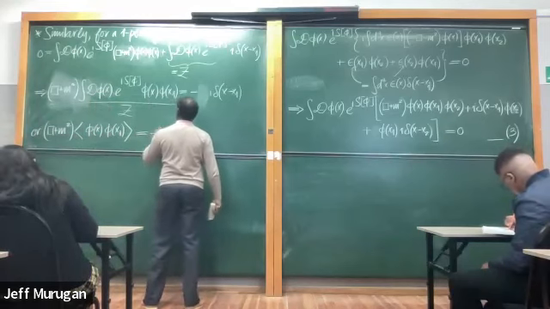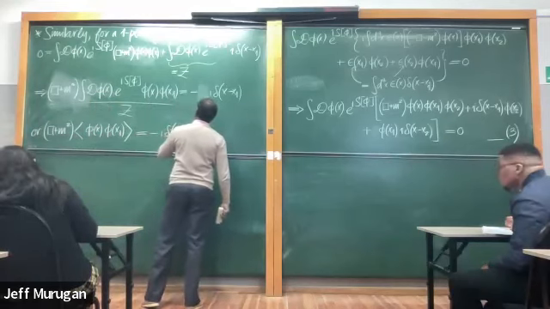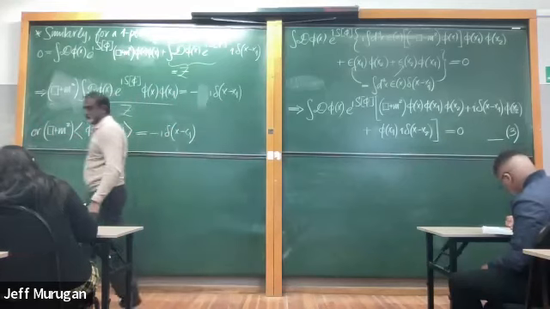And the thing on the right hand side is minus i delta x minus x1.